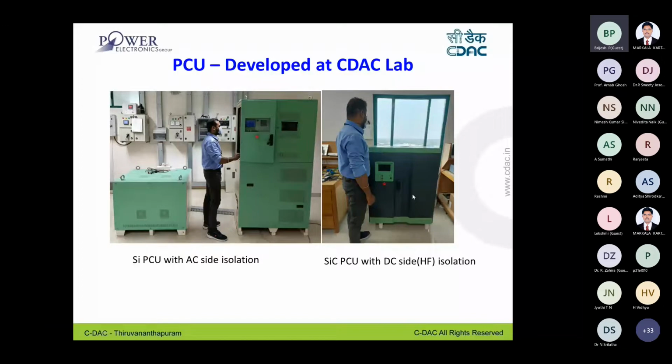Now the same capacity is reduced to a small form factor with the utilization of silicon carbide technology and high frequency isolation. In this case, we are especially aiming at remote locations.